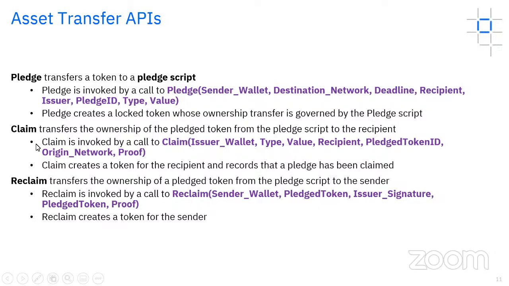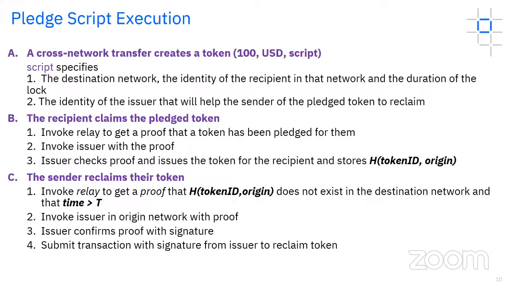Again, these are a bit low-level methods, in the sense that in the token SDK repo, we have applications that handle everything you see here. So basically, you see a method that orchestrates the interaction between the sender, the recipient, and the relay service.